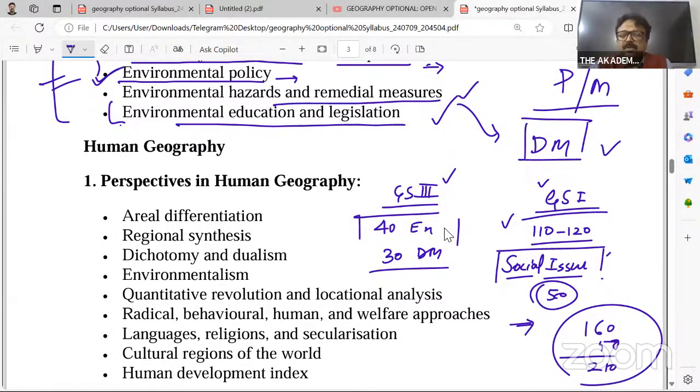Apart from it, our policy towards our neighbouring countries, the Gujral Doctrine, then the Look East policy, Act East policy, all these are going to be part of your curriculum in geography.